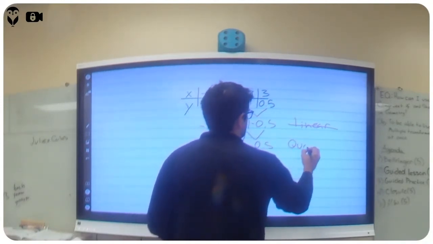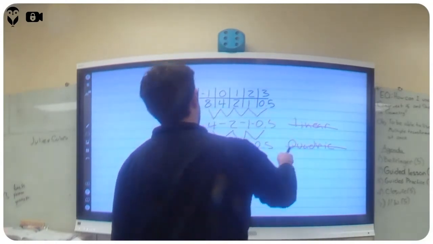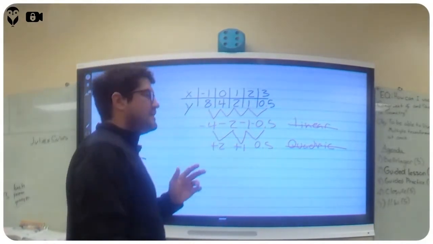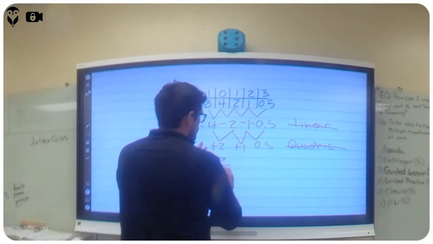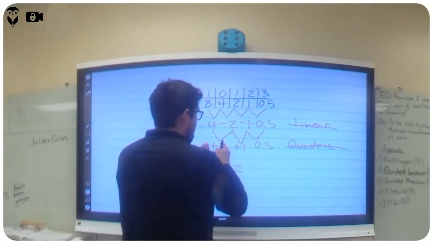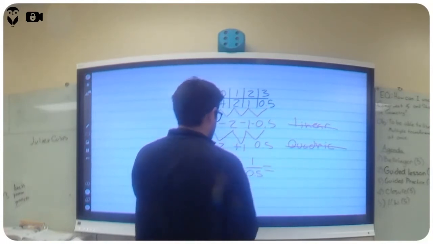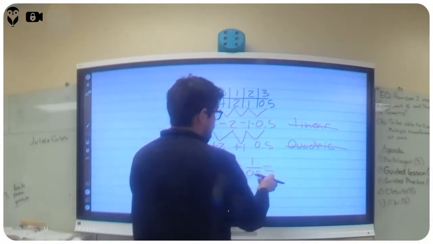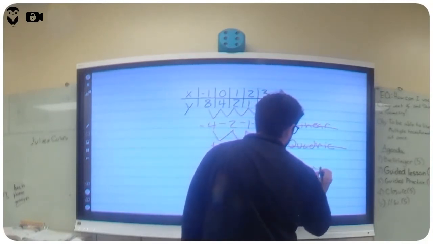So quadratic, it is not. Once you've tried this one and this one, your next plan is to check if they make the same fraction. So 2 over 1, does that equal 1 over 0.5? This equals 2, that equals 2. That is a yes, that means that this is exponential.